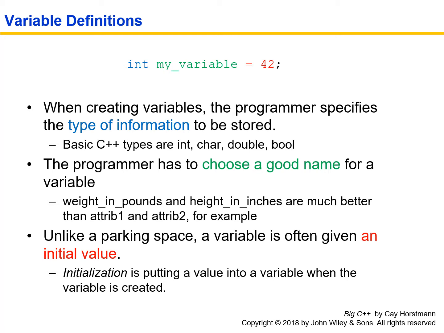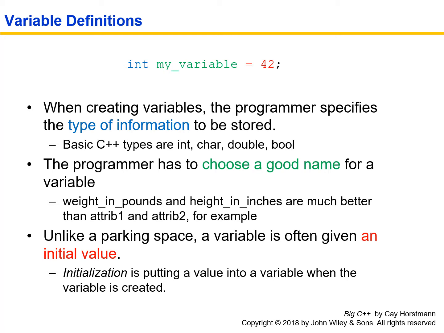Finally, in red, unlike a parking space, a variable is often given an initial value. Parking spaces are taken to be initially empty, and then they get filled when someone parks there. But variables always have something in them. In C++, when you create a variable, if you just say int my variable semicolon, my variable will point to a memory location, and that memory location will have whatever random gobbledygook was in that memory location to begin with.